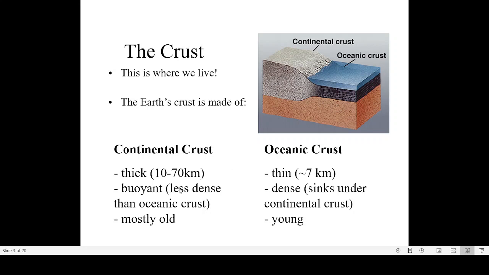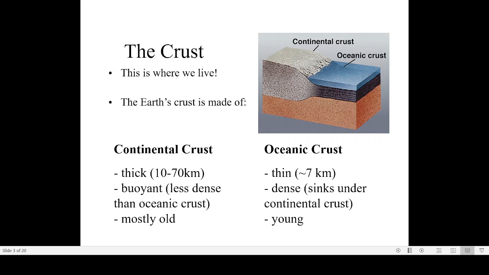Another difference that we can find between the continental crust and the oceanic crust is that the continental crust is less dense. Less dense means more buoyant, compared with the oceanic crust. Whereas the oceanic crust is denser.